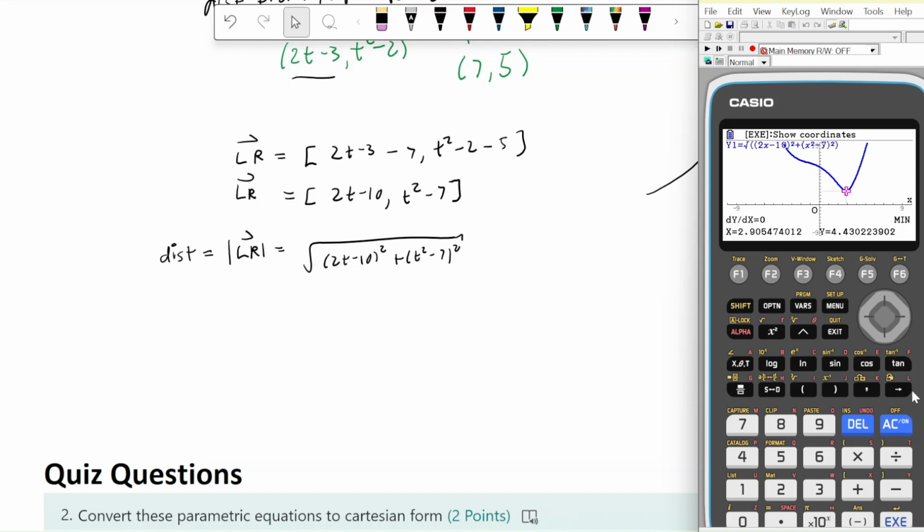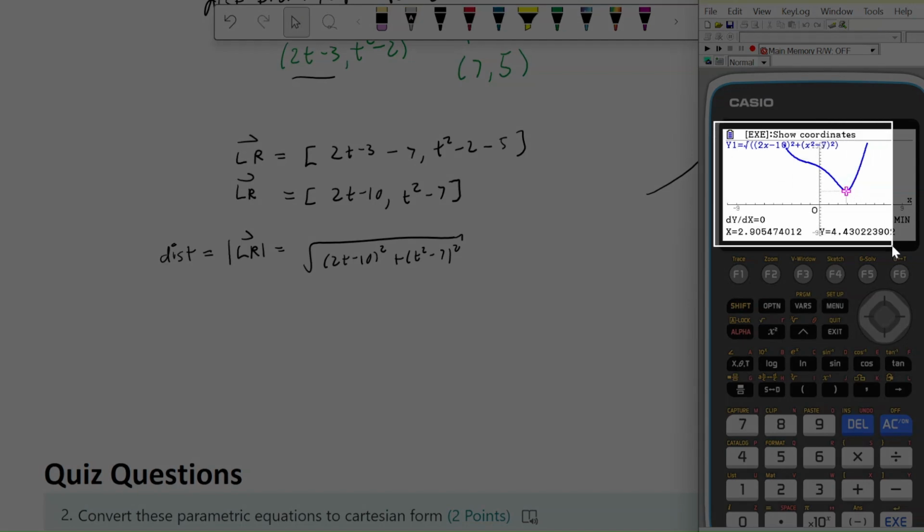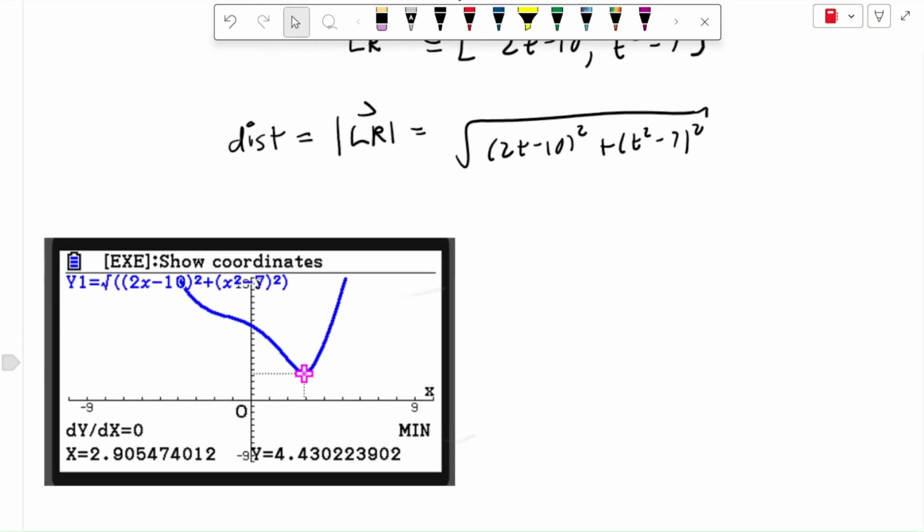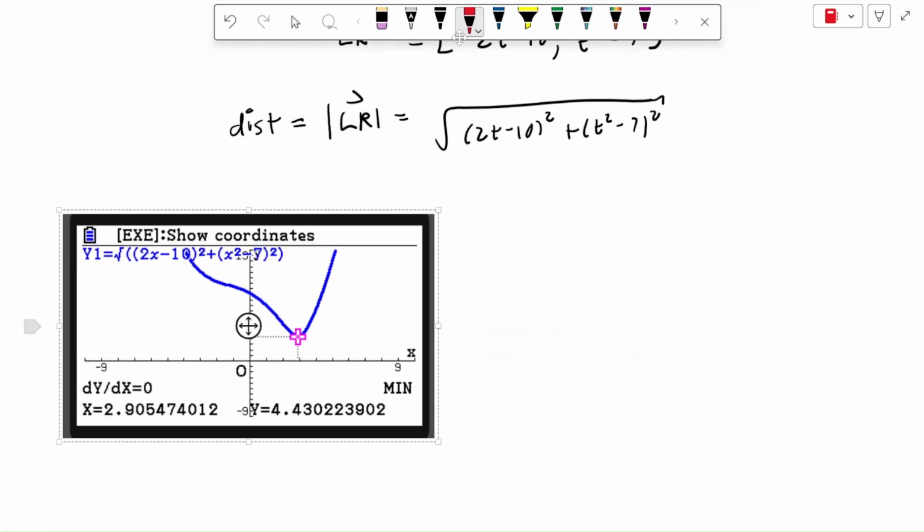So again, you could do this all with calculus, but I'm going to use technology here because if you use calculus, you'll probably need polysolve for a cubic or something anyway. So the way that we interpret the axes, first of all, is that this is time and this is the distance.